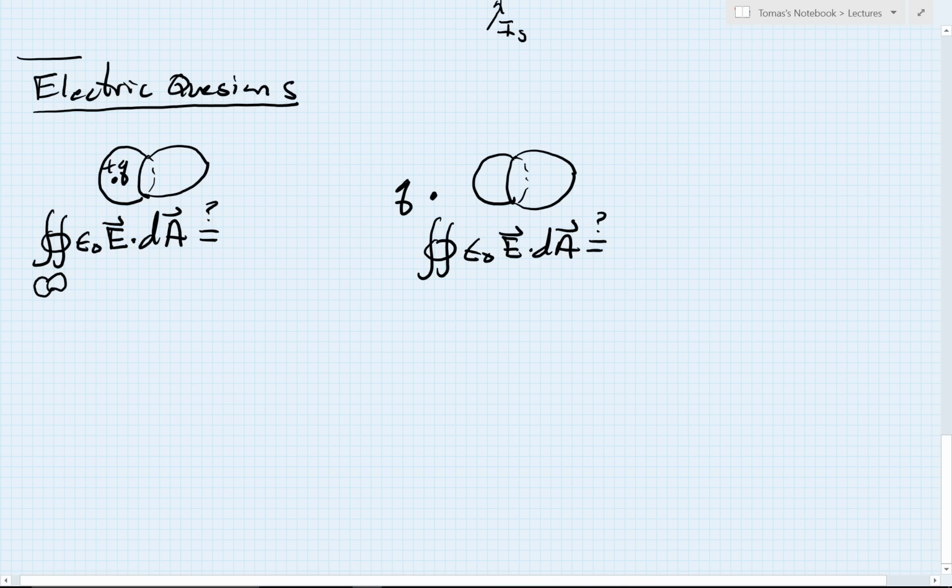And I want to know what I can expect for that integral when I integrate over the peanut. And then finally, just as we had done before, I will have a peanut-shaped surface, like so.